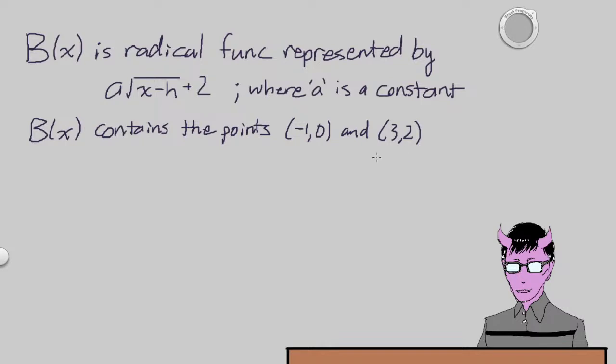And our job is to determine the value of a and h, which basically means figure out what this equation is. So determine the values of a and h. Let me just determine the equation of b of x, since it's essentially asking the same thing.